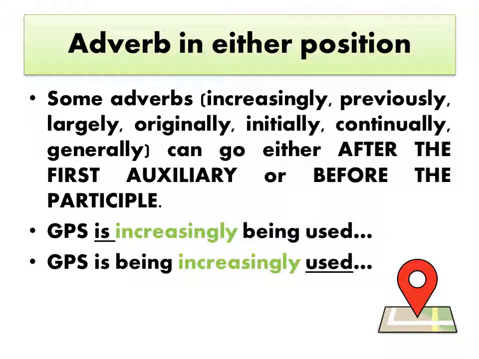So I could say, for example, GPS is increasingly being used, or I could say GPS is being increasingly used. In the first example, I'm placing it after the first auxiliary, which is. And in the second example, I'm placing it before the participle verb, which is used. Both would be correct.